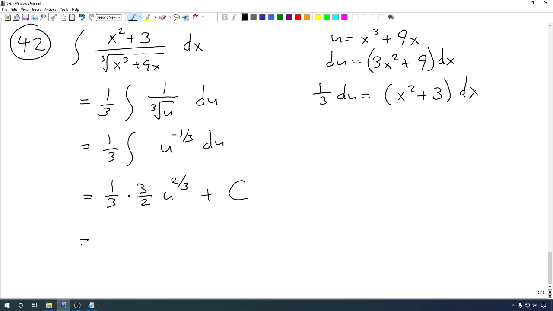We can simplify that fraction. The 3's cancel out actually. We get a 1/2. We need to replace the u back in terms of x's. So instead of u to the 2/3, we have x cubed plus 9x to 2/3. And we still have the plus c.